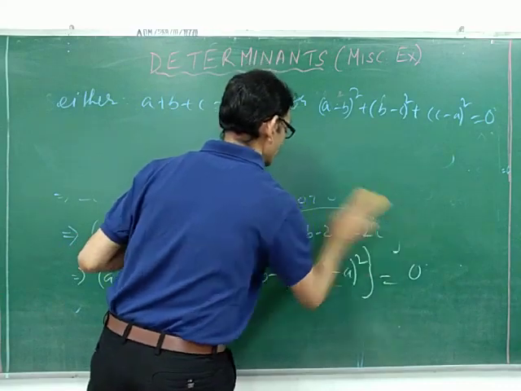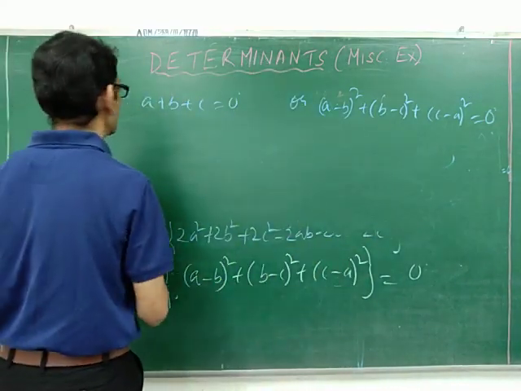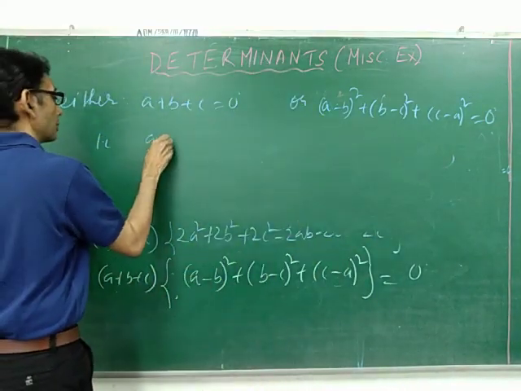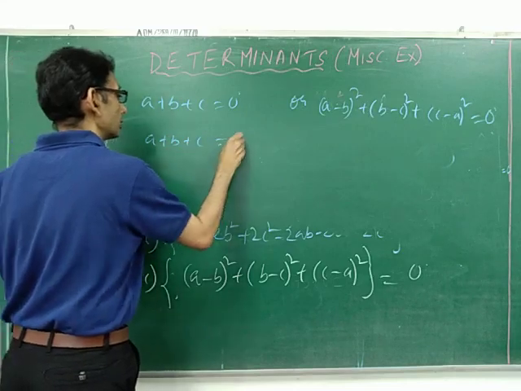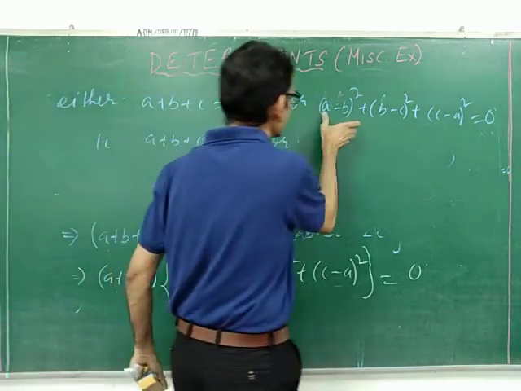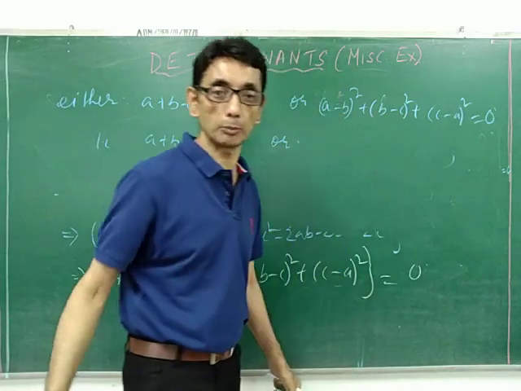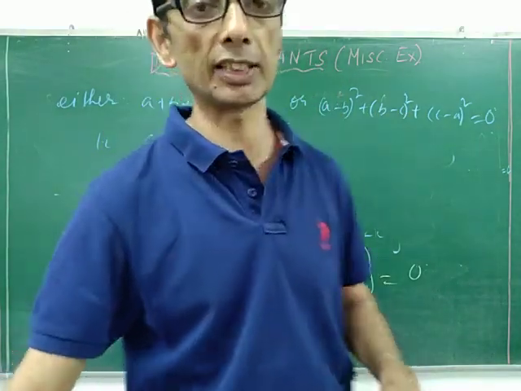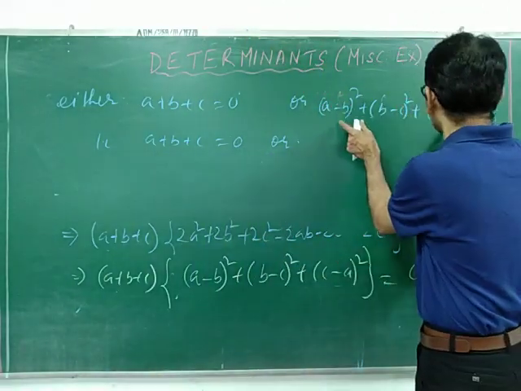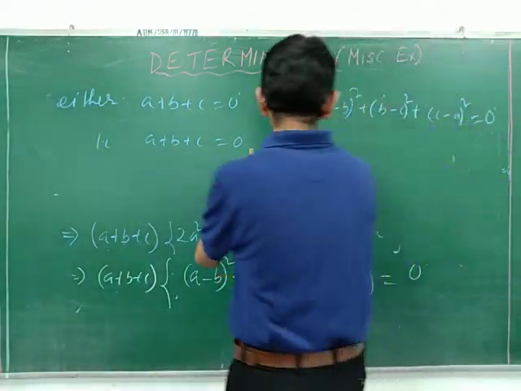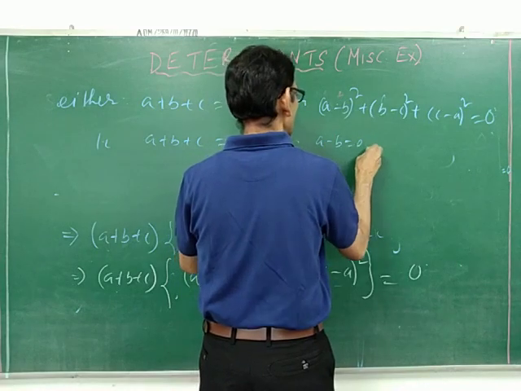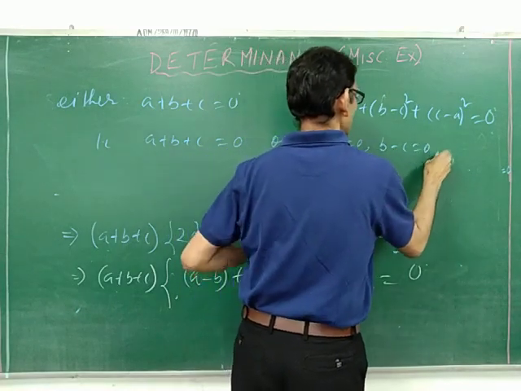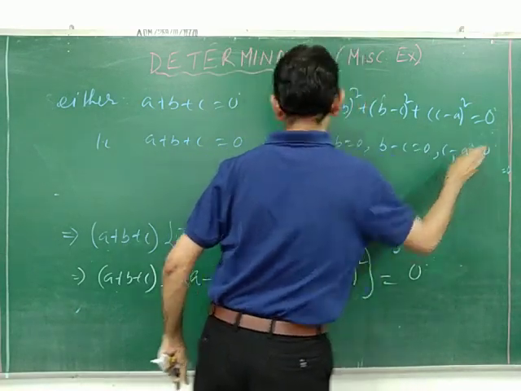So what is the next step? Next step is, that is a plus b plus c equal to 0, or see, this is a sum of 3 squares equal to 0. So what is the only possibility? The only possibility is that individually all the terms should be 0: a minus b equal to 0, b minus c equal to 0, c minus a equal to 0.